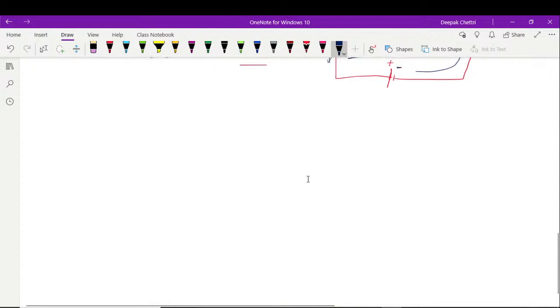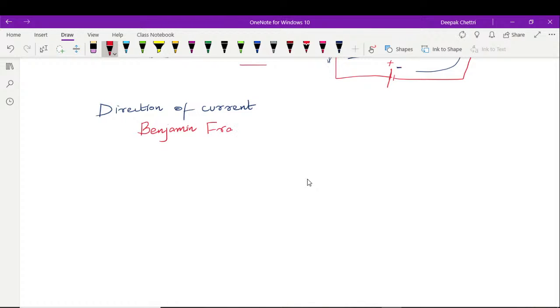Okay, now direction of current. Direction of current is very important. Now see, initially Benjamin Franklin explained what should be the direction of current, or how to take the direction of current.